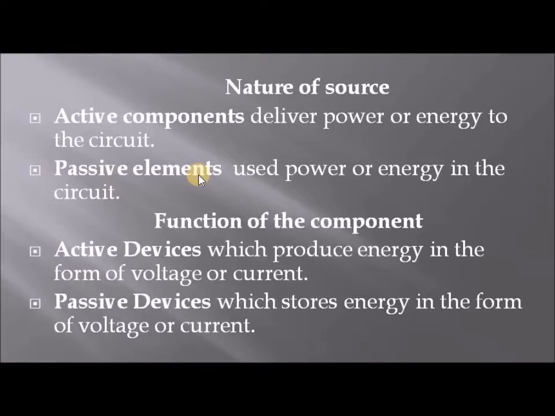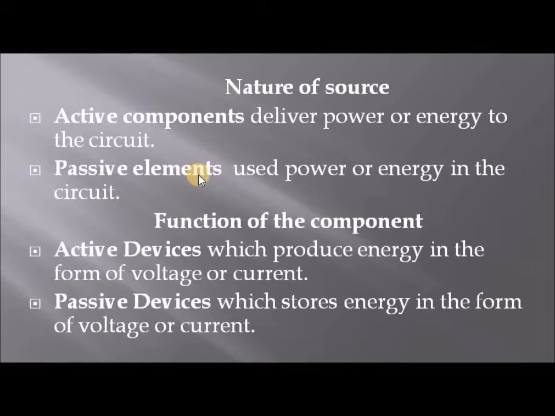Active components deliver power or energy to the circuit, while passive components use power or energy in the circuit. What I mean by deliver and use is that an active component is a donor, while a passive component is an acceptor. It's just like when somebody does not have money and is asking you for money. You that give are the donor, while the person that is accepting is the acceptor. That is what I mean by donor and acceptor.